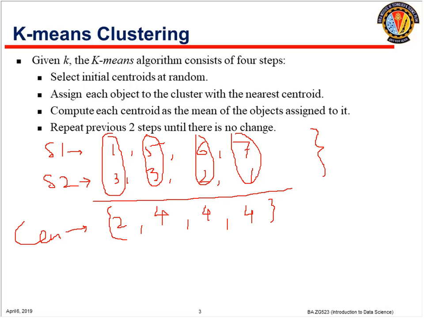And the question is how many iterations are required to reach the end. Normally you'll see that it finishes quite fast. Unless you have millions of data points and a lot of clusters, it converges very fast.